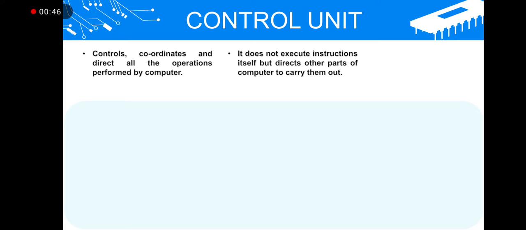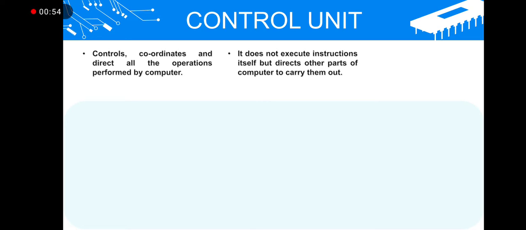Control unit. Control unit controls, coordinates and directs all the operations performed by the computer. It does not execute instructions itself, but directs other parts of the computer to carry them out. What does this mean?